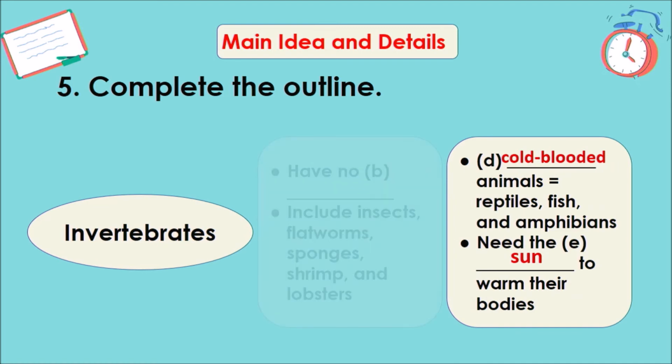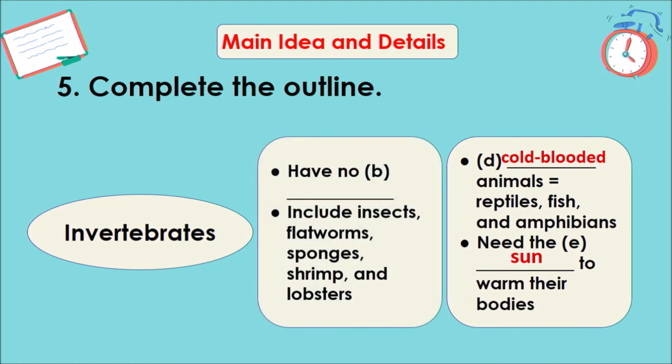Next, we have invertebrates. These are the clues. Have no backbone, include insects, flatworms, sponges, shrimp, and lobsters. And letter D, cold-blooded animals include reptiles, fish, and amphibians. They also need the sun to warm their bodies.